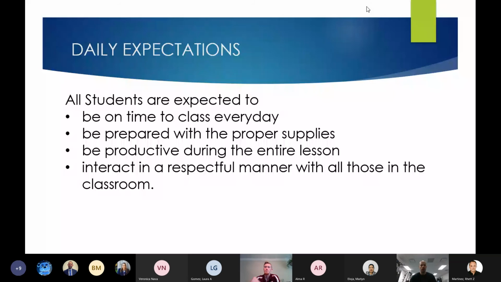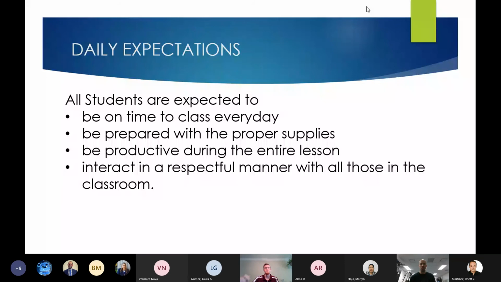So I wanted to cover with you some of our day-to-day expectations for students in the 11th grade, things that will help students to be successful throughout the year. So first and foremost, as a baseline, it's very important that students come to class on time every day and that they come with whatever supplies and materials their teacher has given them to work on.